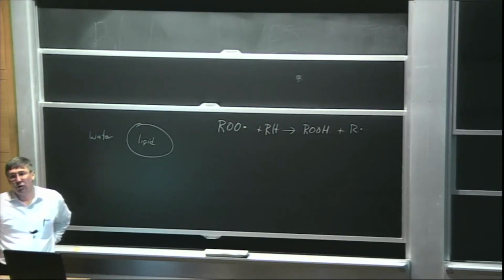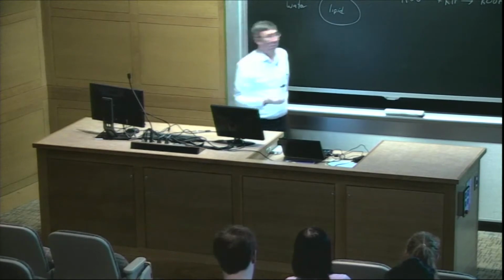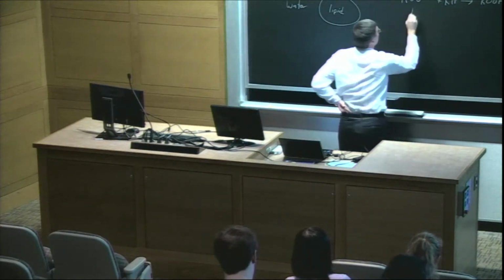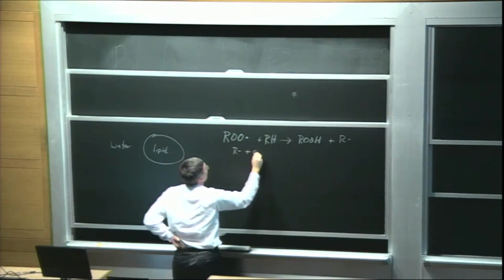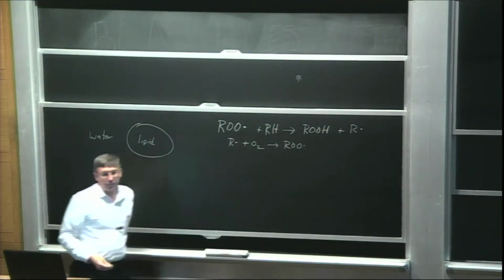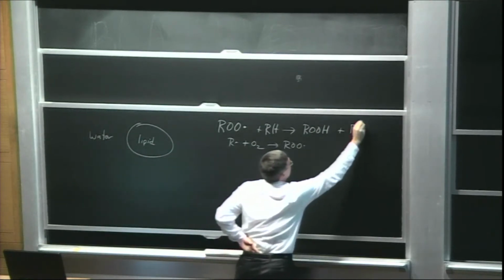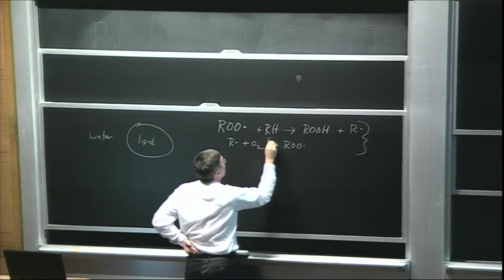And in your blood vessels, if you're not under water or being killed, you have a lot of oxygen. And so the carbon-centered radicals you form immediately react with oxygen to make the peroxy radical back. So the net process, we can combine these steps because this is super fast.